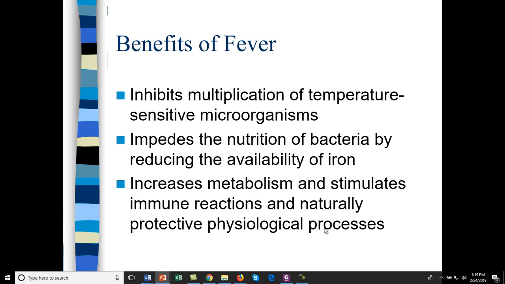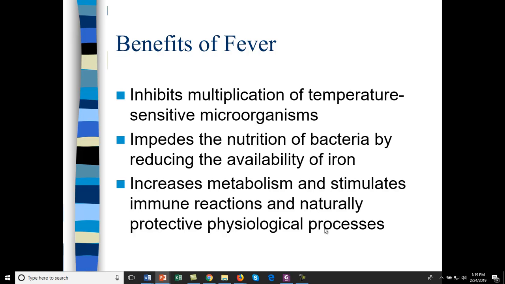So just some of the benefits of fever. This will inhibit the multiplication of temperature-sensitive microbes. These microbes have adapted to your own body. And when the hypothalamus is being reset to a fever state, that takes the bacteria out of their favorable range, and that will start to inhibit their multiplication.